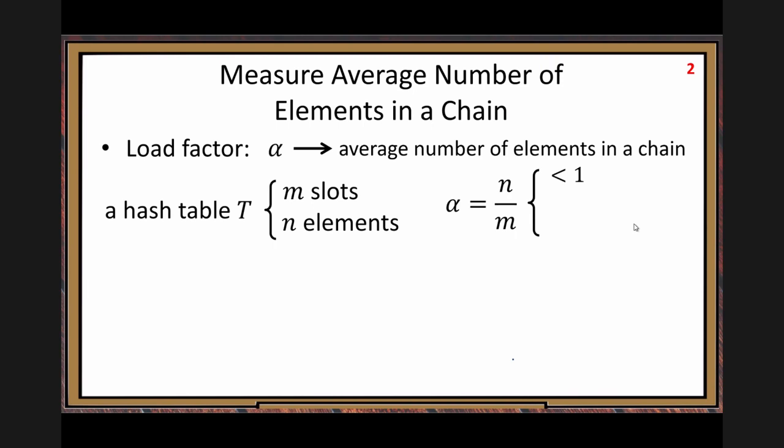If it's less than 1, actually we like it less than 1, because if it's less than 1, we do not have a severe collision problem. On average, there is less than 1 element in each chain. Think about it.